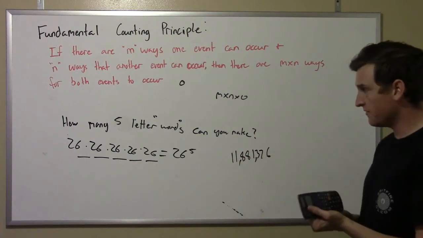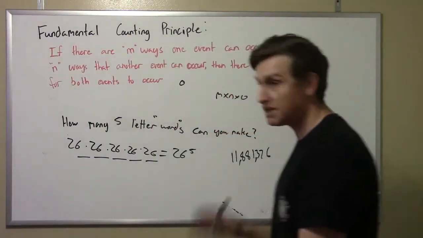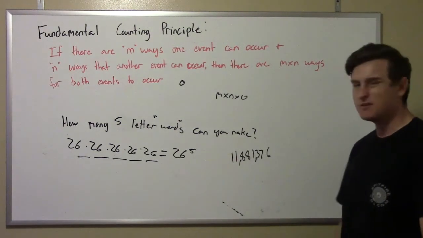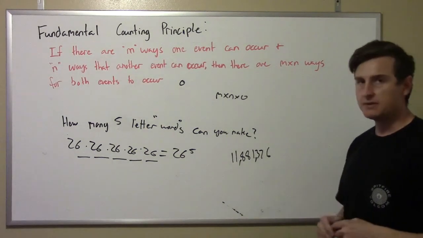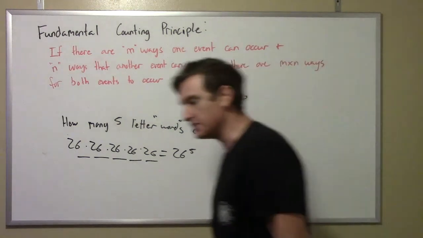Okay, so if you're choosing a 5-digit password and it's just letters, there's almost 12 million ways to do that, which is pretty cool. So the fundamental counting principle works for passwords and codes and stuff like that.